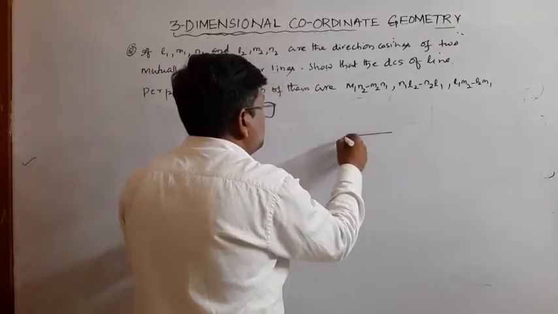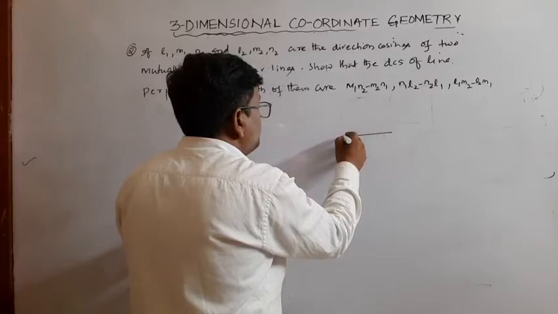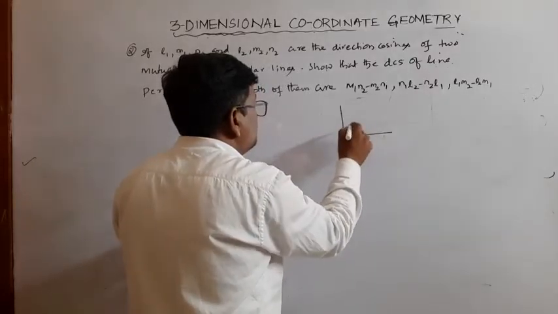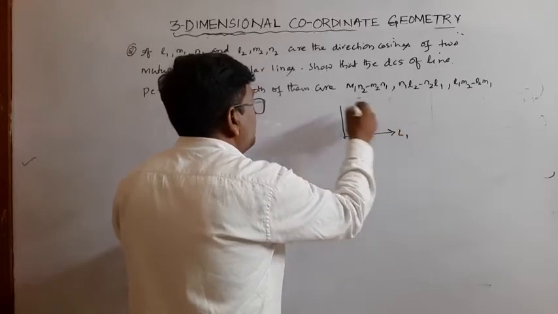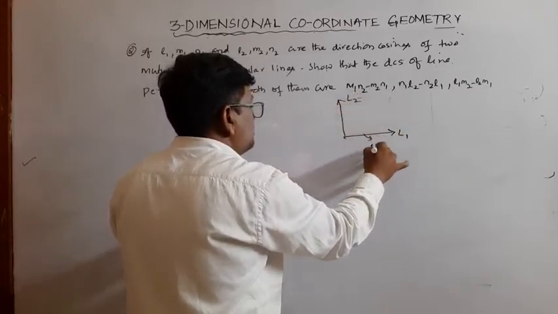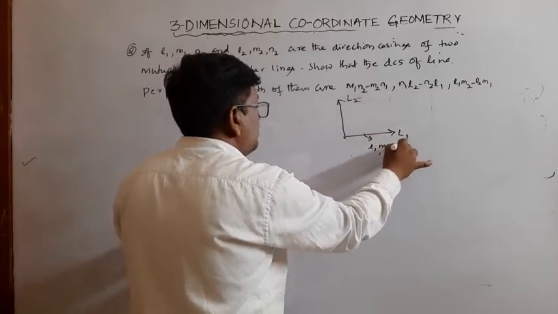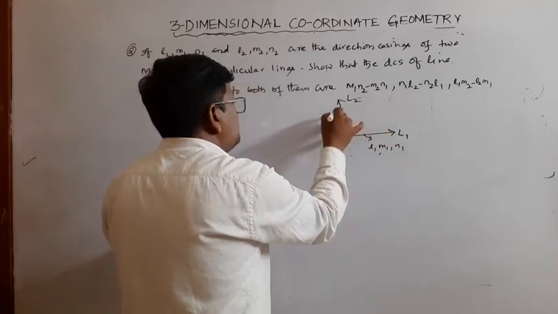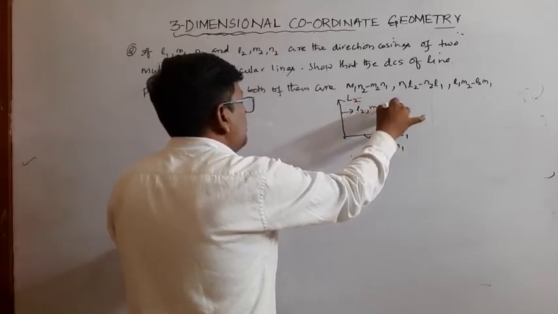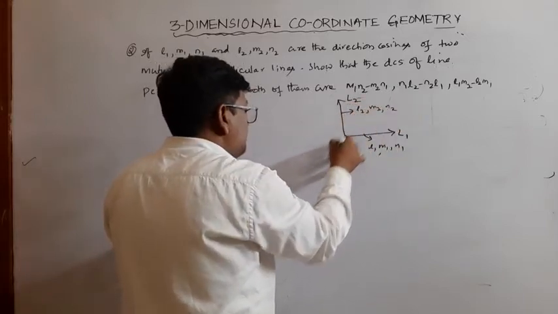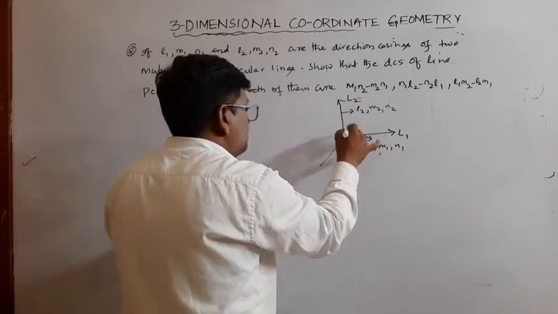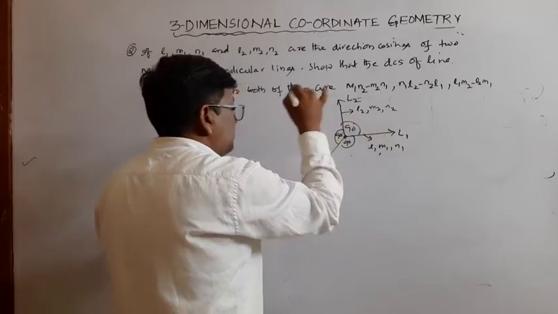This is L1 with DCs L1, M1 and N1, and this is L2 with DCs L2, M2, N2, and the third line is perpendicular to this line and perpendicular to this line, and this is also perpendicular.